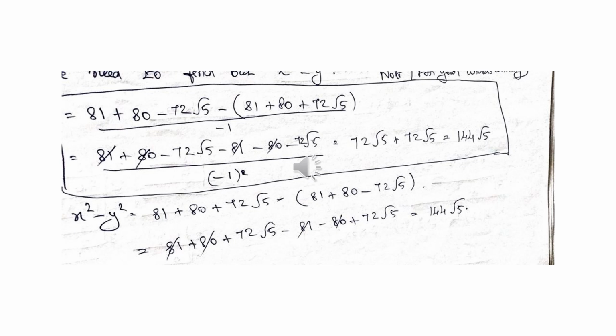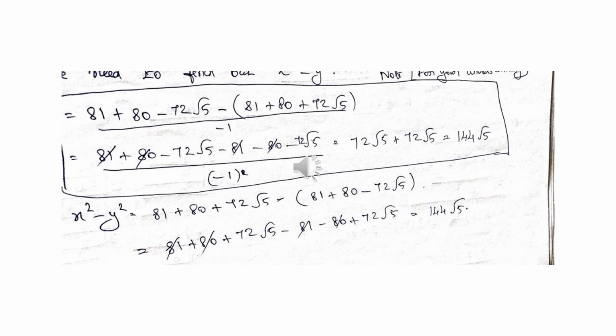Okay, 15th one is: if 2 plus root 5 by 2 minus root 5 is equal to x and 2 minus root 5 by 2 plus root 5 is equal to y, find the value of x squared minus y squared.